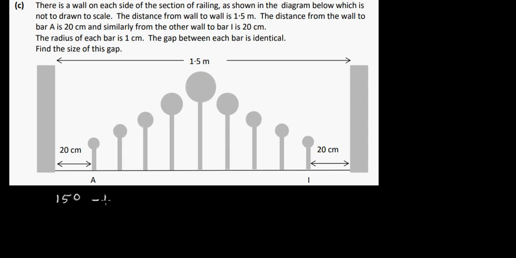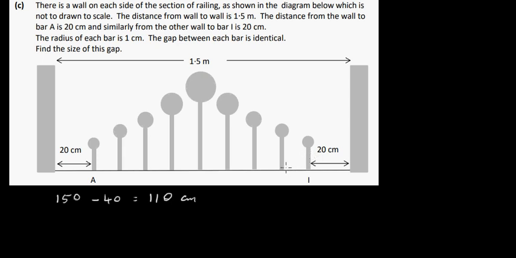We're going to subtract 40 centimeters because we're not going to include that in our calculations to find these gaps. So we need the distance between this point here and this point here. When you subtract, you get 110 centimeters. So we know the distance between here and the outside of this bar here is 110 centimeters.